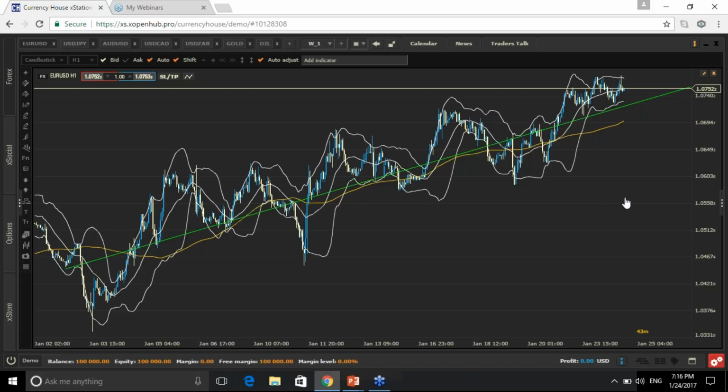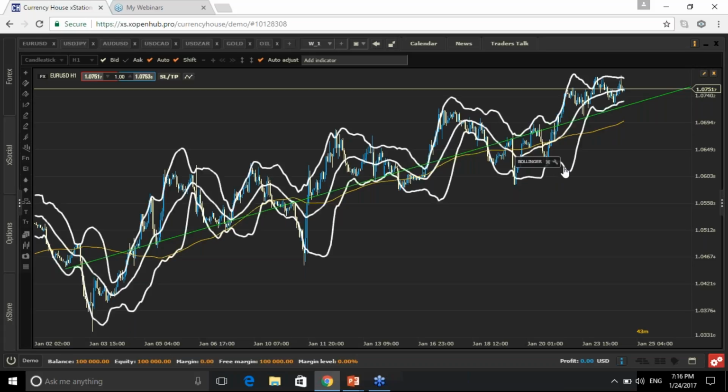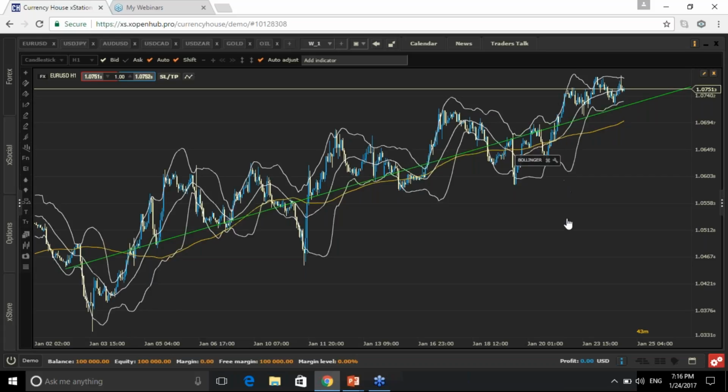One more very important thing which can be used in this indicator. Once you see, like for example here, that the lines are going in different directions, it means higher volatility.